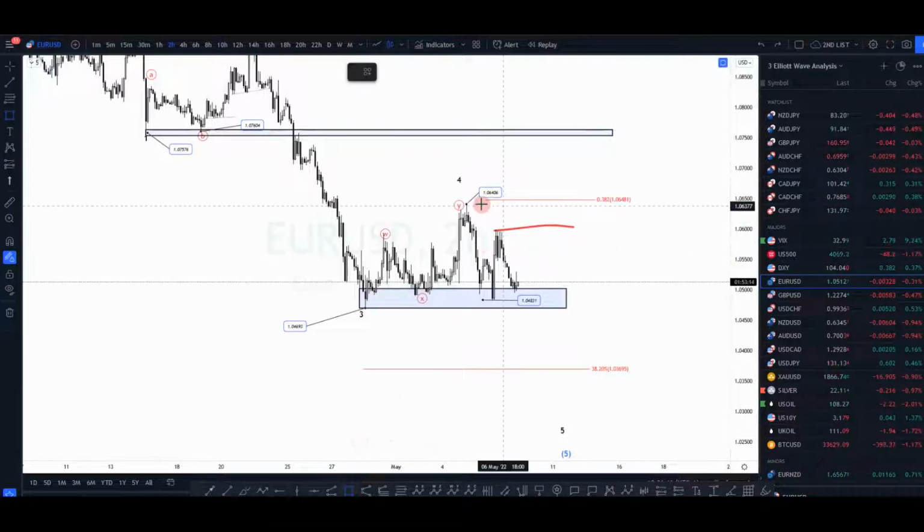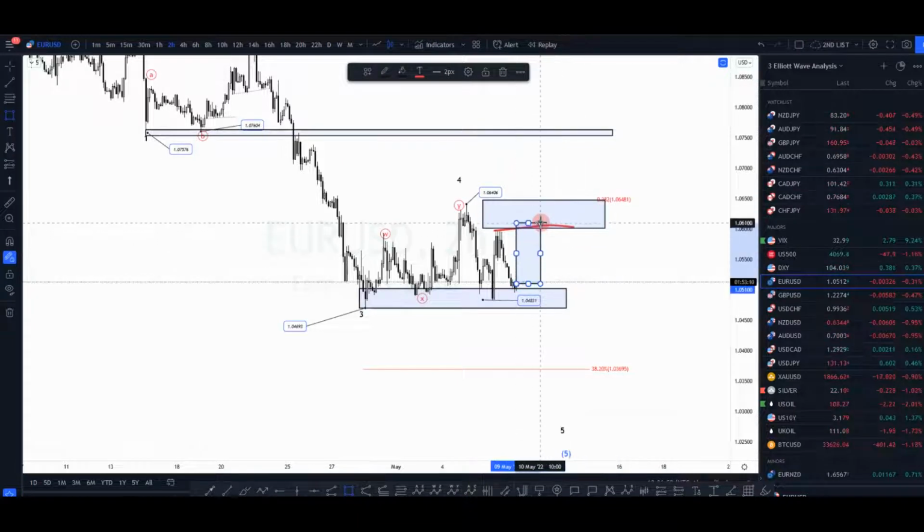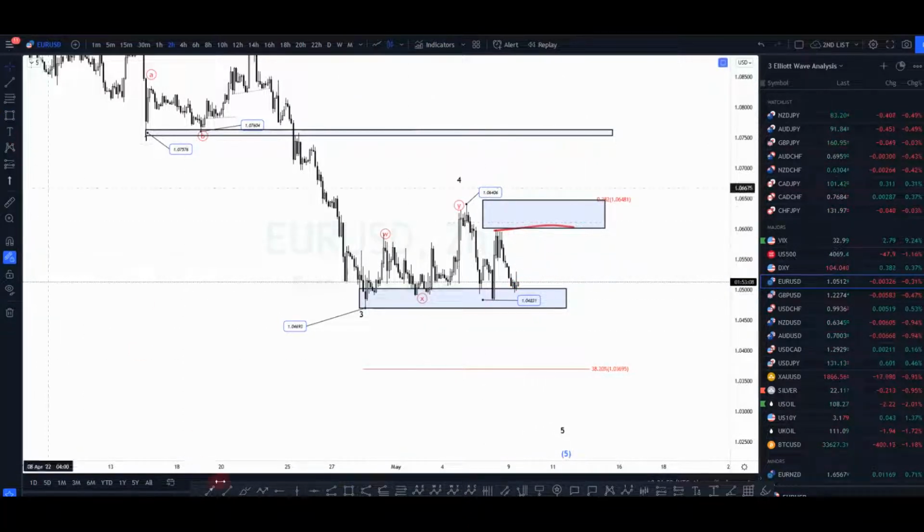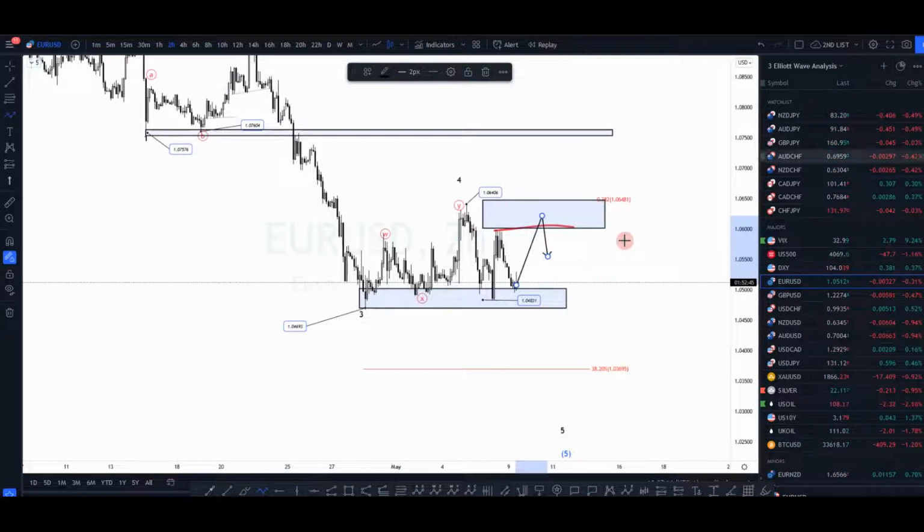So we might see a retest of this zone. It now depends on what happens afterwards. If the price gets to this zone and gets rejected, maybe with a break away from here down this way, then I think we are going to see a more bearish run that should be able to trigger bearish opportunities, in my opinion.